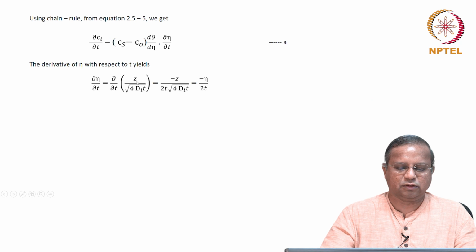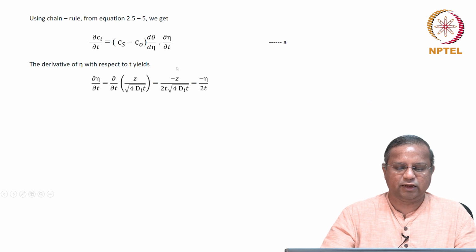So, if you take this here, minus z, and if you take the derivative with respect to time, the rest can remain as they are. You get minus half times t power minus 3 by 2, so you can bring a t out and keep a t inside the half, and therefore, minus z divided by 2t square root of 4Dt.